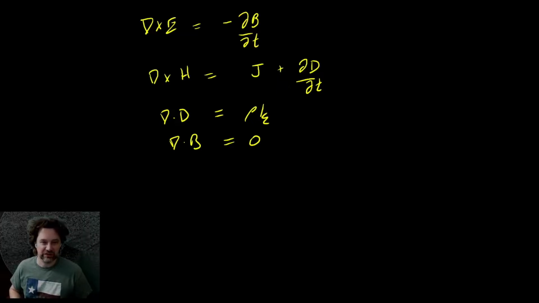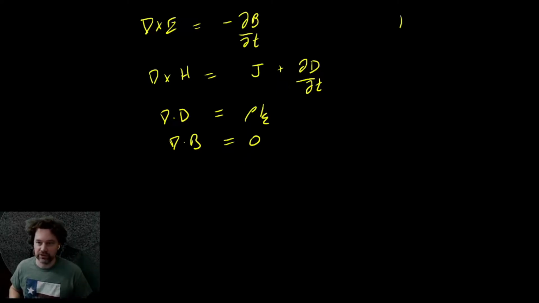So this means that our fields must have different units. That's undesirable. We're also going to plug in our values for H and D in terms of B and E, and we are going to see how we can make this a little bit tidier to start with, even before we get to geometric algebra.